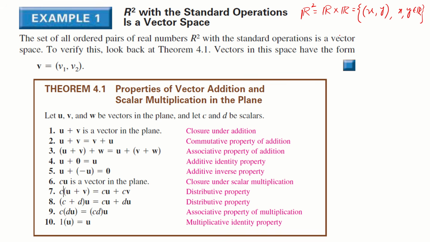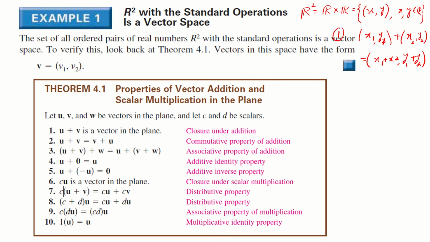The usual operation means if you add two ordered pairs together, (x1, y1) plus (x2, y2), then their usual operation is (x1 + x2, y1 + y2). This is the usual operation, the first operation.